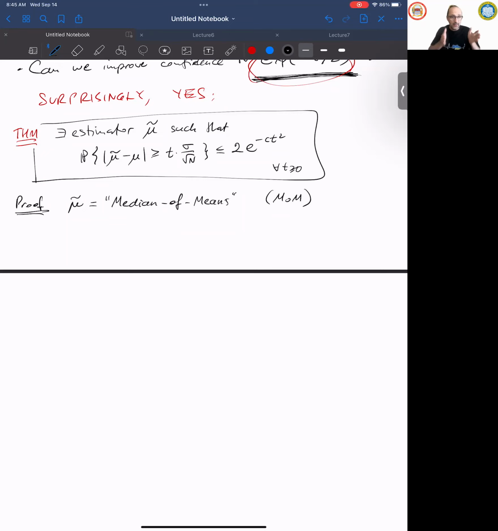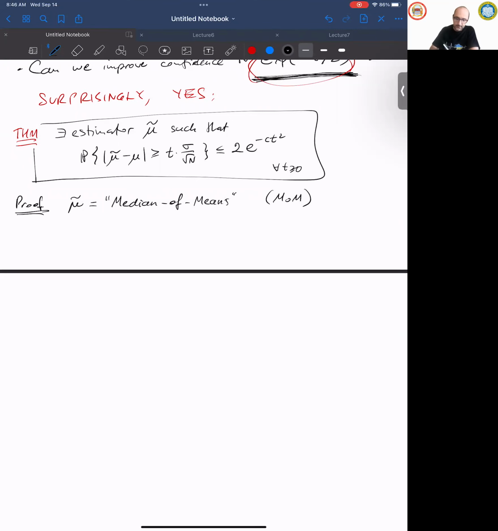But the median will stay the same. It's just partitions, equal half, equal half. So if one of the points goes away, the median stays there. So the median is more robust. And that is what we will use in this theorem.